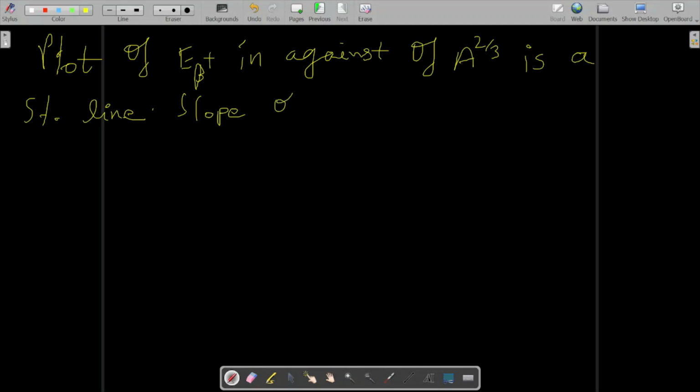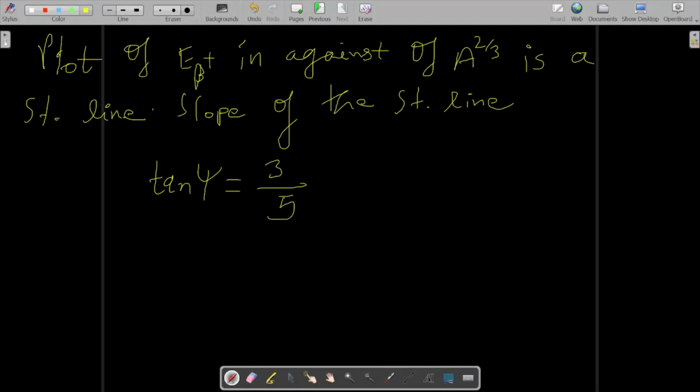Slope of the straight line, tan psi, is equal to 3 by 5 e² divided by 4 pi epsilon naught r naught.